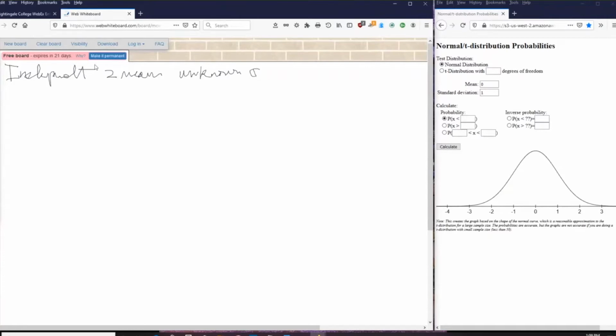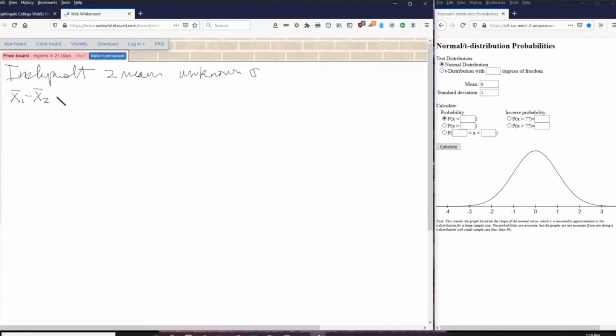The random variable is going to be the difference of your sample means, and the distribution is going to be the Student's t distribution with your degrees of freedom where the variances are not pooled. So let's look at what these formulas are.